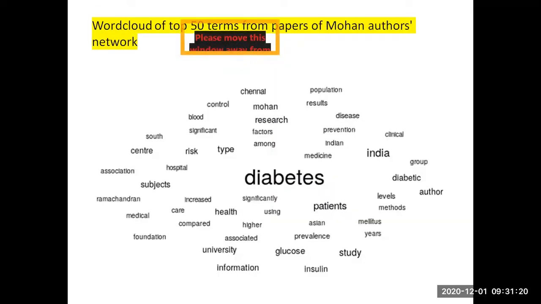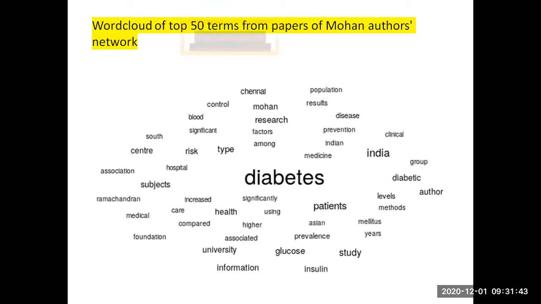So once again, we can create this word cloud network of the top 50 terms from the diabetes papers from the Mohan authors network. And you can see the diabetes word comes at the top most prominently. India comes, which means the location comes very nicely.